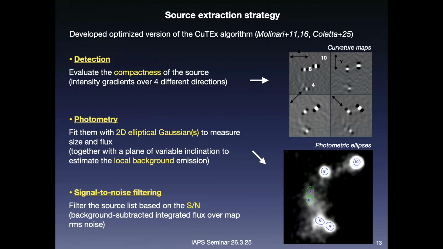Then we do the photometry, where we make assumptions on the shape of these sources. We apply a fit on these selected sources with 2D elliptical Gaussians, and we also fit them contextually with a background, with a plane, which is aimed at estimating the local background emission to obtain more accurate fluxes.